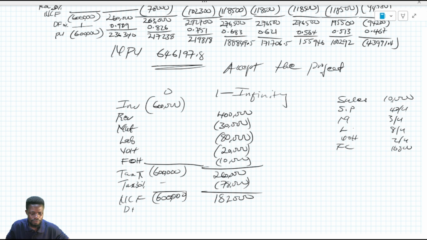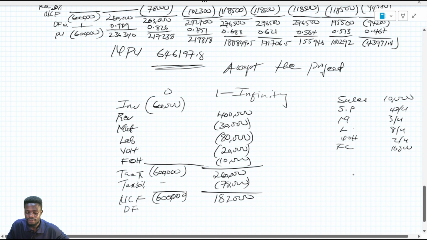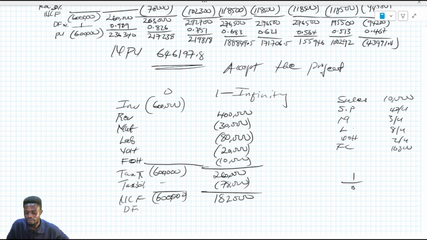Your discounting factor at this time is 10%. Since it is perpetuity, just one divided by the discounting factor. 1 divided by 10% will give you 10.